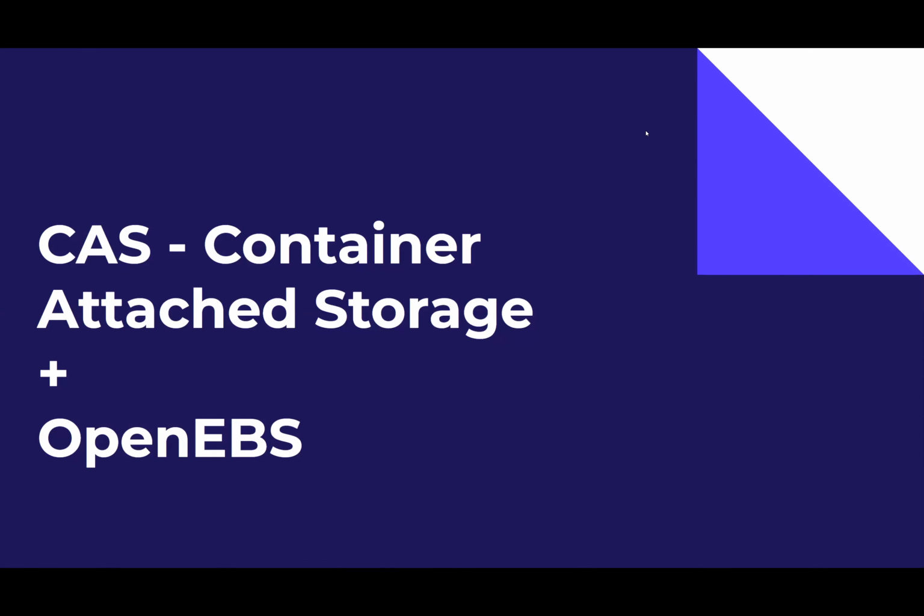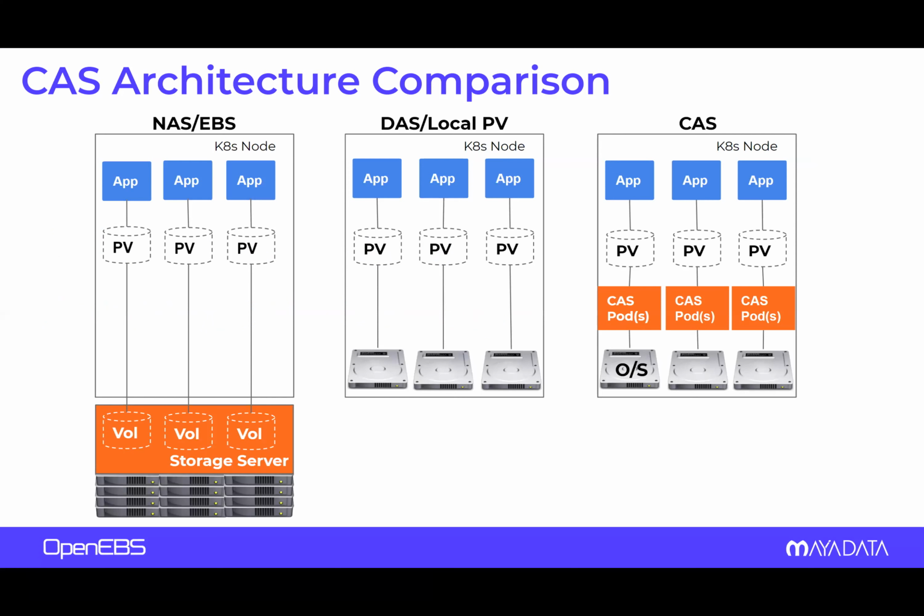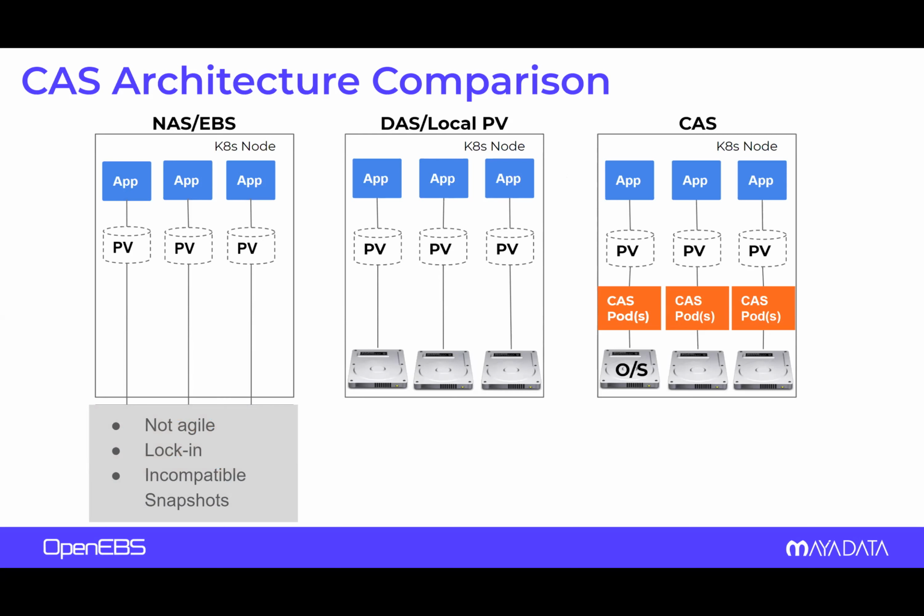So, a quick reminder of CAS architecture and benefits. Well, we still have all the options, but before container attached storage, we had centralized NAS and SAN and EBS-like options commonly used. The problem with this approach is that NAS and SAN still require an initial investment and configuration, and you still have a gatekeeper who developers and DevOps personas should talk to to get a new shared space, a LUN or more space.